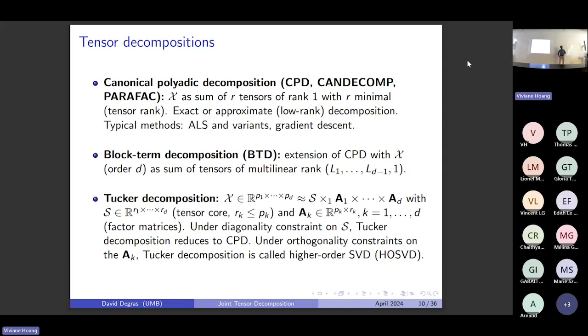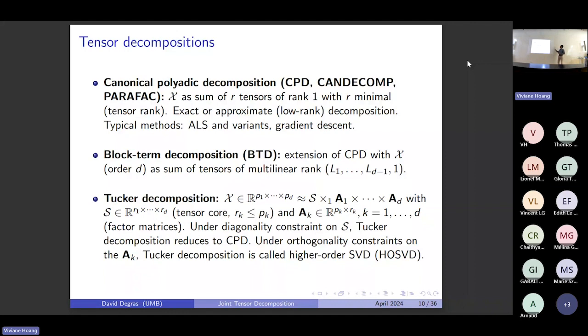And there's no algorithm that will find it in a finite number of operations and so on and so forth. So a lot of the things that we're used to doing with tensors in dimension 2 just become really, really complicated with tensors of order 3 and more. So anyways, the CPD is one way to decompose a tensor.